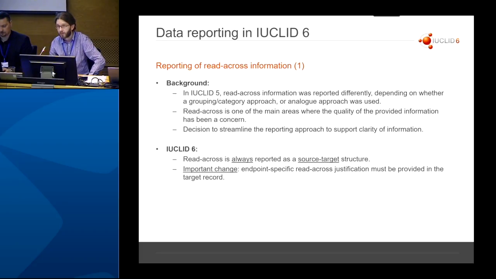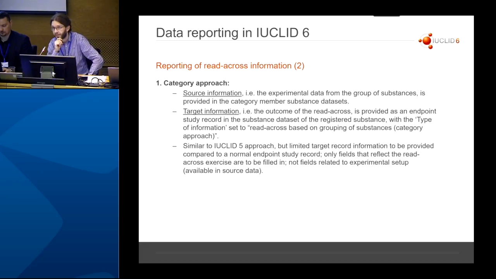So there are two different ways to do read across. The first one is using a category approach. If you have many substances defined as a category in your dossier, you use the information from different substances in order to provide the information required for your substance.